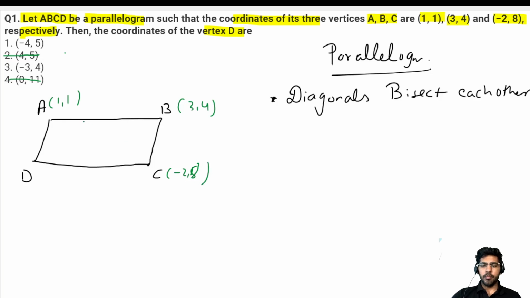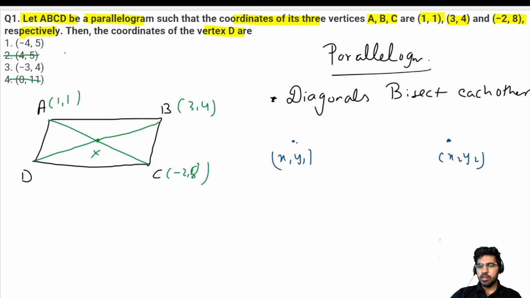Now when we are drawing the diagonals, the point where they meet is going to act as a midpoint. Let's say this point is X. So X is a midpoint for line AC as well, and it is also a midpoint for line BD. Now we should know that if there are two points (x1, y1) and (x2, y2), and if I join these points, then the coordinates of the midpoint are always ((x1 + x2)/2, (y1 + y2)/2), right?